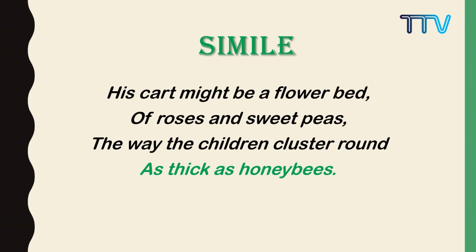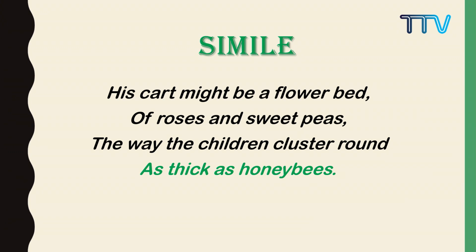If you look at this example, class 5 students will remember it from the poem The Ice Cream Man, I think, right? This is a stanza I have taken from that poem from class 5's textbook. His cart might be a flower bed of roses and sweet peas, the way the children cluster round as thick as honeybees.